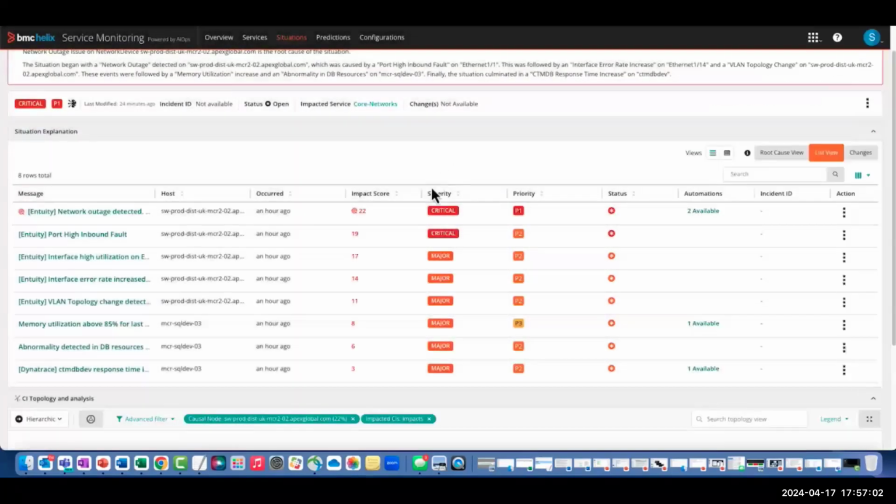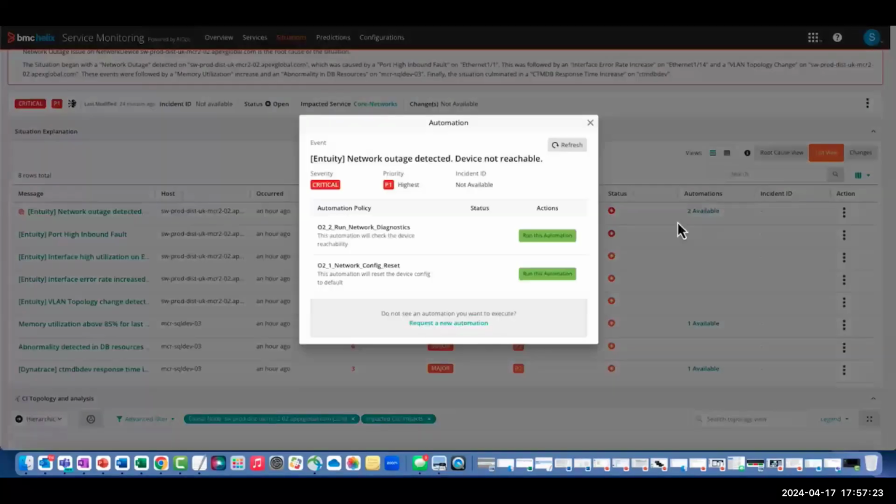But an important part here is that I'm told that I also have two automations. So if you remember, one of the main benefits of using AIOps is the ability to fix problems quicker before they actually impact your levels of service. If I click on this, I see that I have two possible automations already defined.